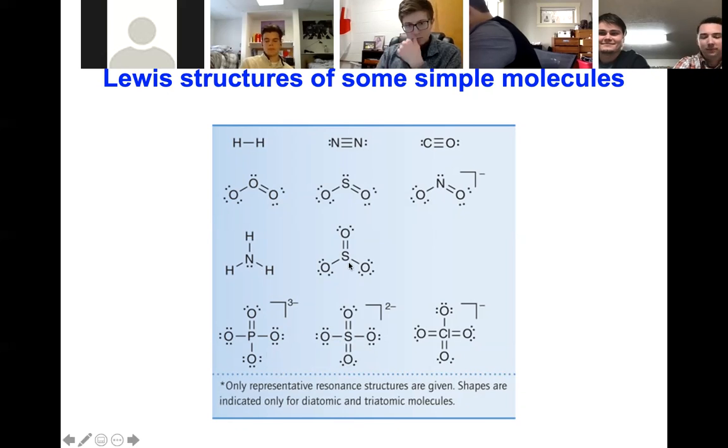But if you move back to the SO3 molecule here, sulfur still holds the octet rule.